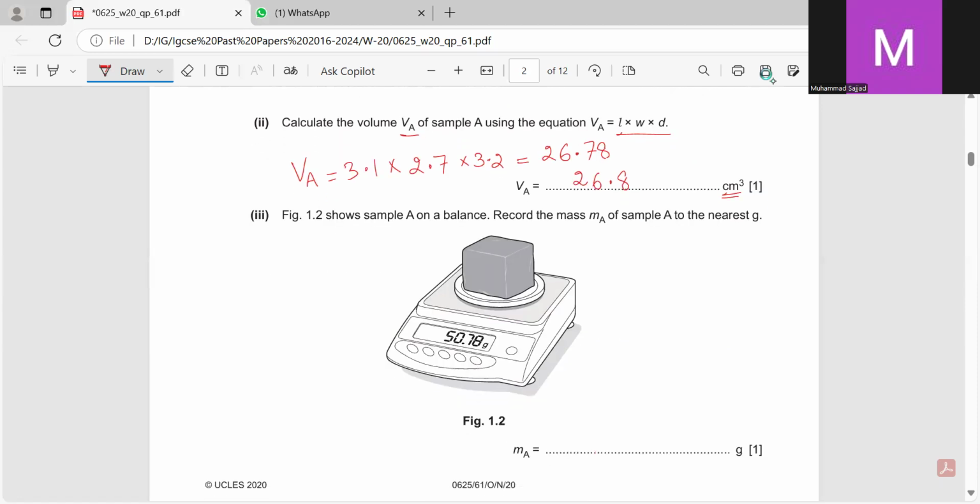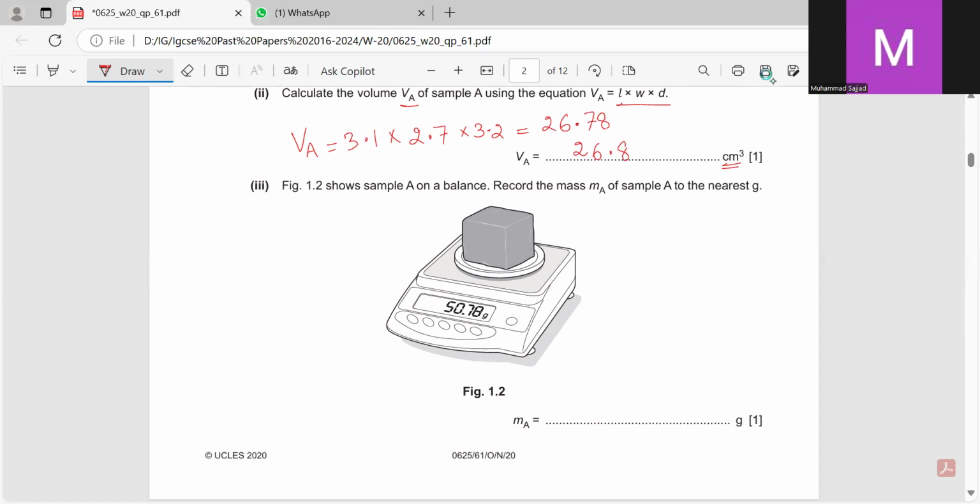Then my dear friends, next is figure 1.2 shows sample A on the balance. Record the mass MA of the sample to the nearest gram. Right now in this scenario it is to the nearest gram, but the examiner also asks in exams to the nearest 0.1 gram. So right now the answer is 51 and gram is written already.